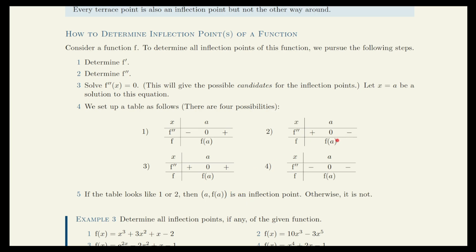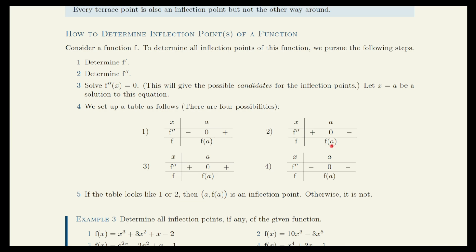Yes? The other way around also means that a and f of a is an inflection point if previous to the point a, it is concave up, and then suddenly after that point it becomes concave down. So in the cases 1 and 2, this candidate is a real inflection point, but it might happen that you face this situation that the left is concave up, the right is also concave up, and then this means that even though you found this as a candidate, that candidate does not work, and a or f of a in this case is not an inflection point.